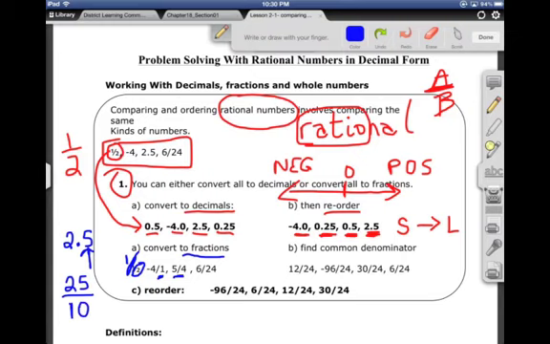There you go. 25 over 10, because the last decimal bin was tenths. If you reduce this, take it down, and reduce the fraction, you get 5 over 4, about like this. So it might have been a little while since you've seen this.